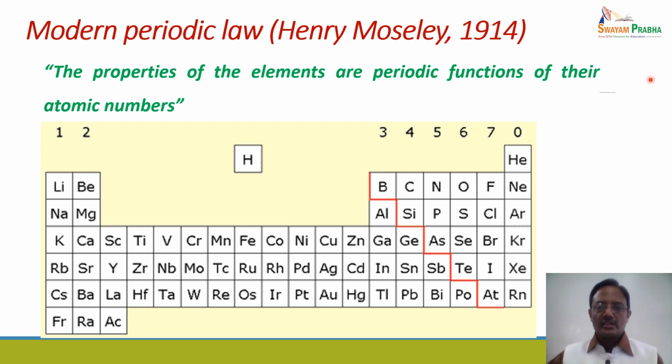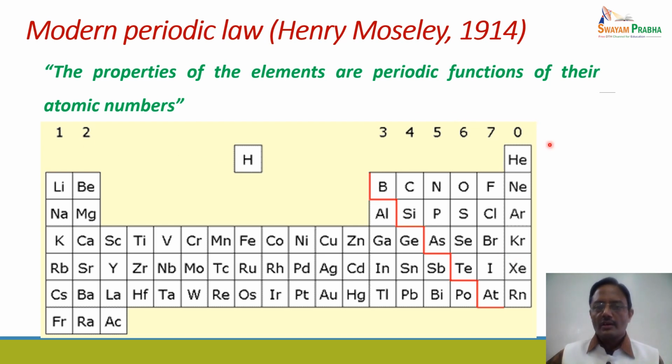Moseley put the 75 elements known at that time into a single table in increasing order of their atomic numbers, and he called the columns groups. The last column was called the zero group, which included all the noble gases, because during that time noble gases were discovered and they were put in a zero group.